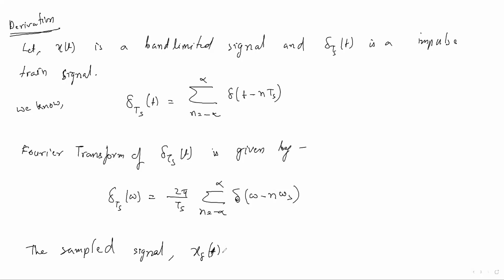This is the time domain signal of the sample signal, and I have already given this in the previous pages. We can find the sample signal by multiplying any continuous time signal with the train of impulse signal delta Ts(t). When you multiply some continuous time signal with the train of impulse signal, that will give the sampled version of the signal. Give it as equation number one.